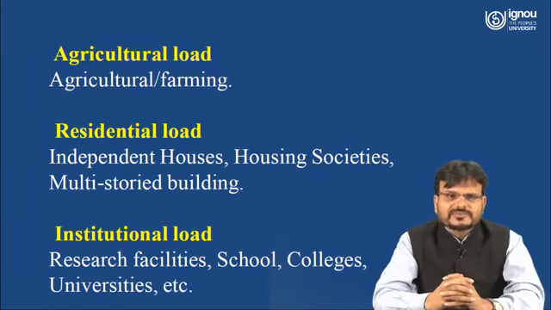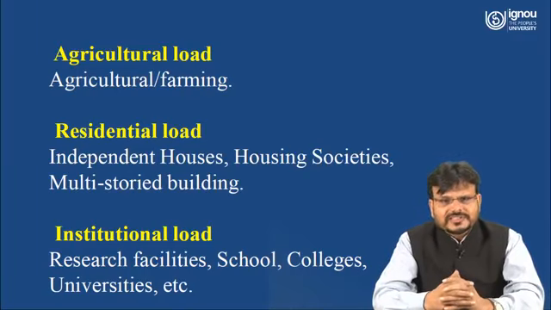Then next category is the residential load. Residential load: independent houses like ours, whatever power you are using at your home, comes under the residential category. Housing societies, multi-story buildings. So whether it is an independent house or a housing society or a multi-story building, this type of load comes under the category of residential load.